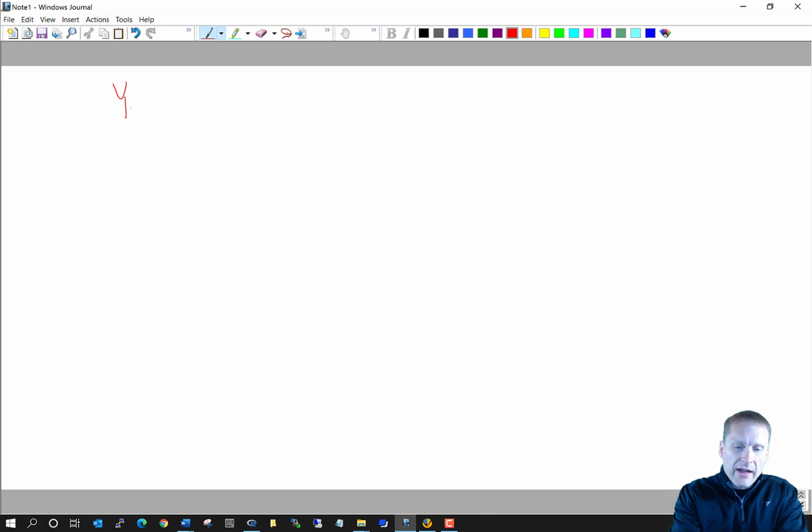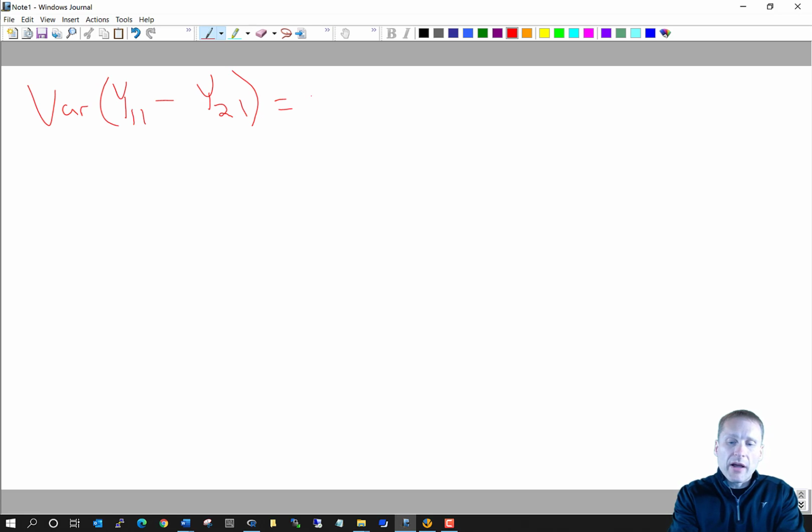Suppose we look at item 1 from one of the grocery stores, and we look at item 1 from the other grocery store, where we do have a paired sample. If I were to find the variance of this difference, I can apply some of the methods we've talked about in the past.